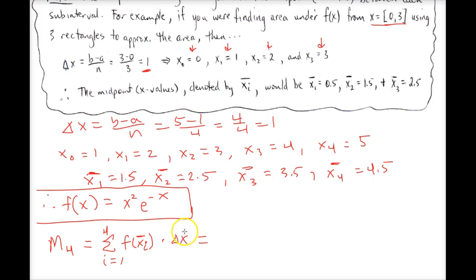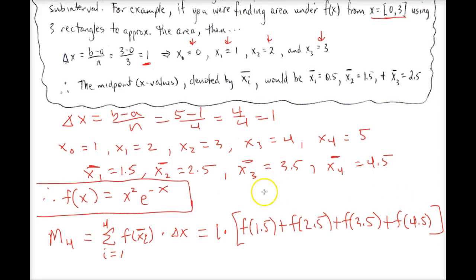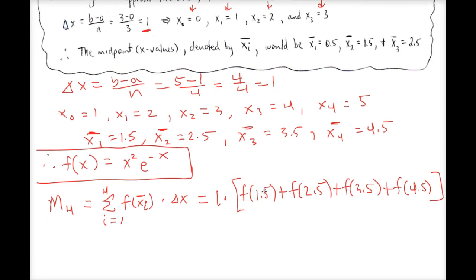Our delta x was just 1, so we have 1 times f of 1.5 plus f of 2.5 plus f of 3.5 plus f of 4.5. Now we can just calculate those values.